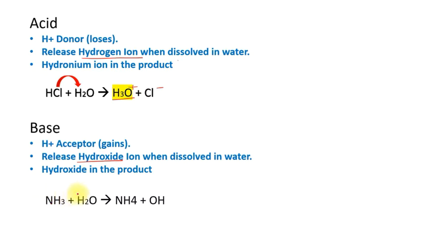So we have our NH3, and instead of losing, like up here, we are gaining, right? And we see hydroxide in the product, and there it is highlighted. So there are some differences in the chemical reactions that occur between acids and bases when they are dissolved in water.